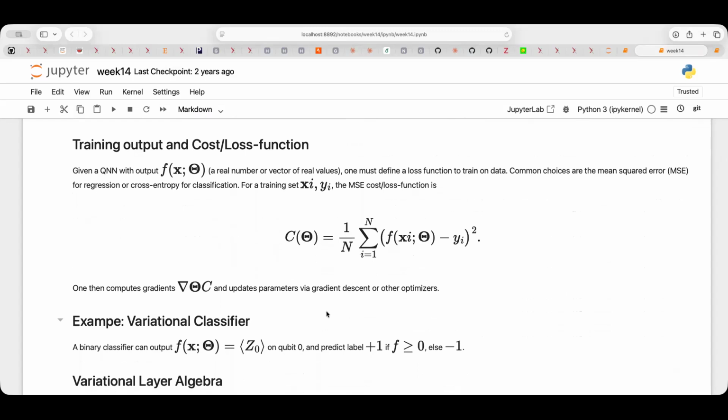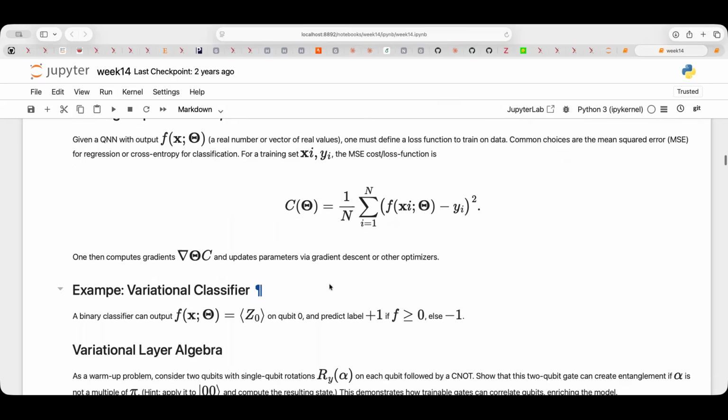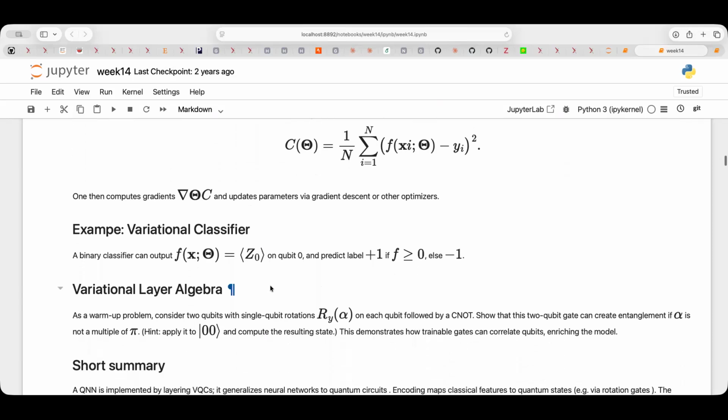So there are two examples which follow here. One, which is a standard mean squared error problem, where we are trying to fit a function. And we know the function values, y of I, and we are trying to then make a model, which is our neural network here. We can also do a variational classifier.